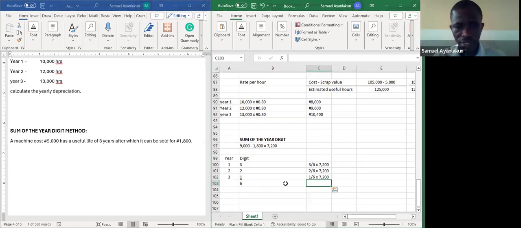The second year, 2 divided by 6 times 7,200. And the third year, 1 divided by 6 times 7,200.